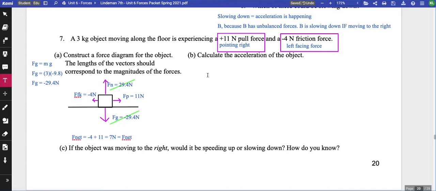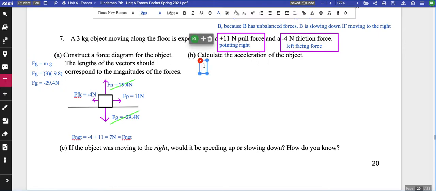Okay. All right, so then we're asked, so we made our free body diagram. I solved for Fg. I'm able to figure out my F net already. For B, it's just asking me to calculate the acceleration of the object. So this is where I'm going to be using F net equals m times a.